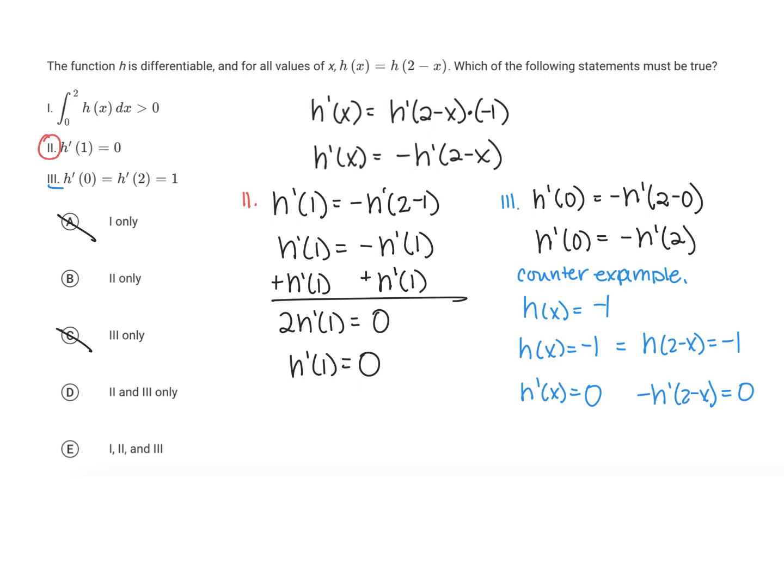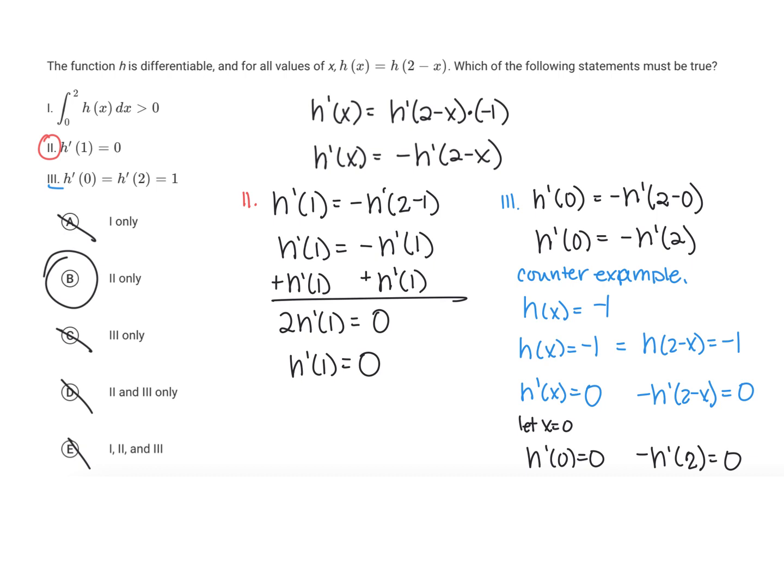So when I plug in 0 for x, which is condition 3, h prime of 0 is 0, and negative h prime of 2 is also 0, and so therefore condition 3 is gone. What that allows me to do is rule out D and E, thus leaving only B, meaning I didn't really have to focus on condition 1.